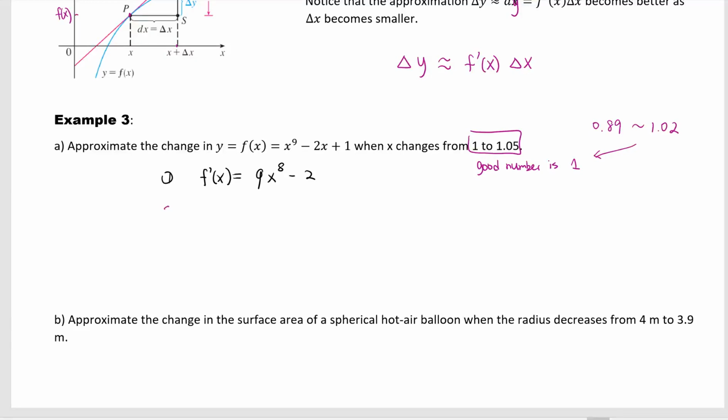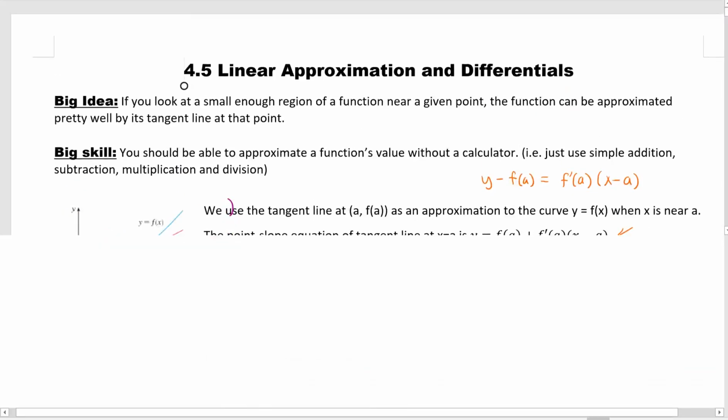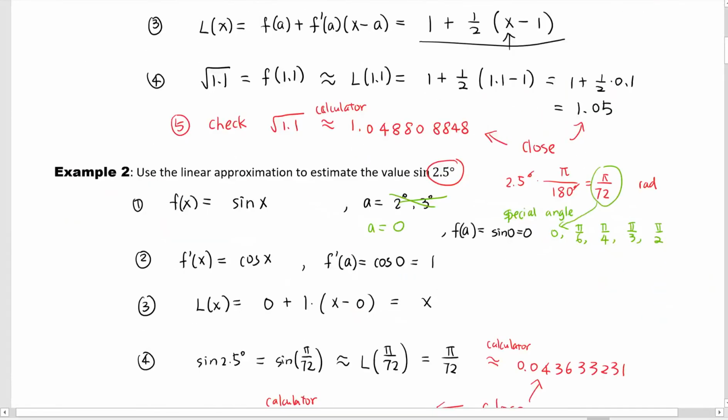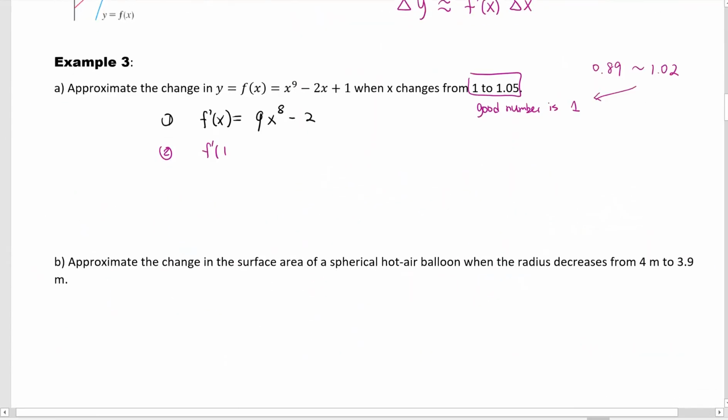So the second step, f prime of our good number. All right, so we plug in 1, we get 9 minus 2. Well, that is 7. Right, everybody?